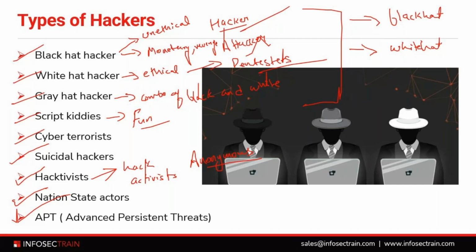So if I'm an APT, I will be staying inside your system for a longer period of time, and after staying inside your system, I'll make sure that I have the proper information. I know what you are doing in your network and your devices, right? What things you are doing, right? So that is your advanced persistent threats, right? They stay inside your system for a longer period of time.